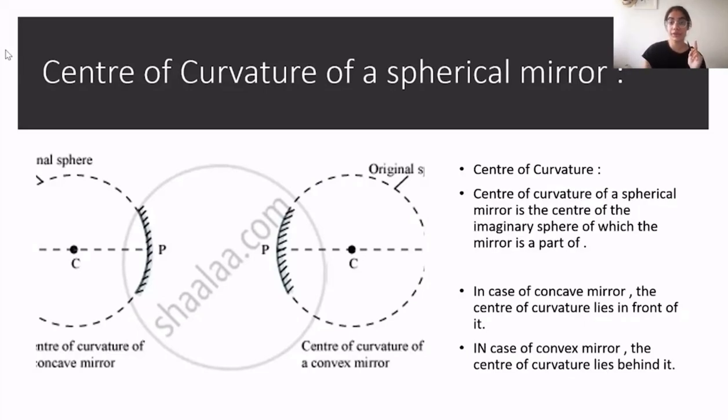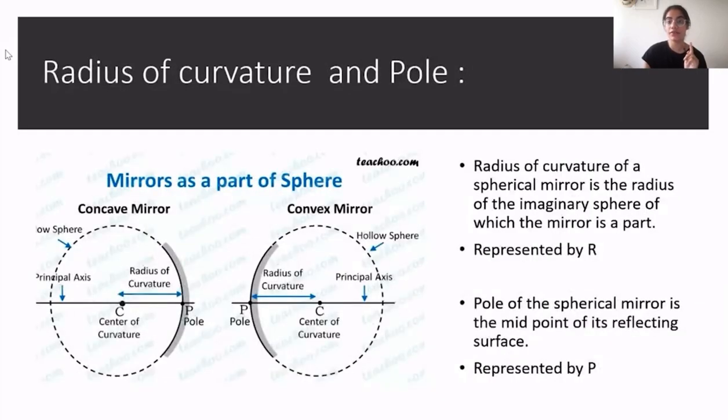Let us now go to the next definition, which is important: the radius of curvature of a spherical mirror and the pole of a spherical mirror. Right now we have discussed the center of curvature. Now, the radius, as I told you, if you draw a line starting from the center of curvature of the sphere, and you go through the perimeter or the boundary of this sphere, then this line segment will be represented as the radius of the sphere.